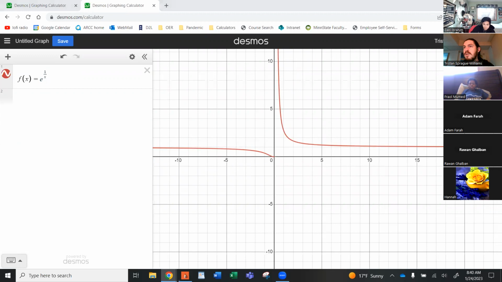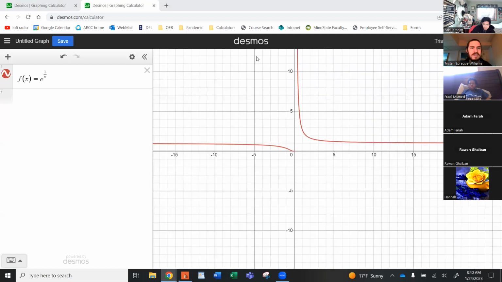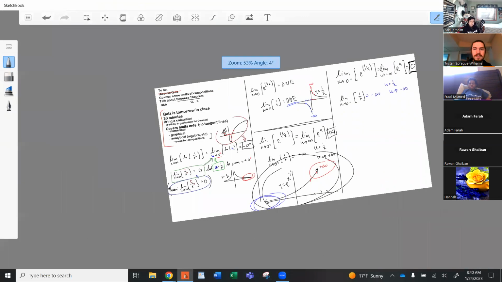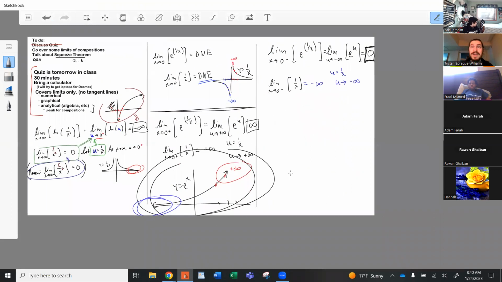There's a question, will there be something like this on the quiz tomorrow? Yeah, something like this, some sort of composition like this. Probably involving an exponential or a log function, because those are common. Folks, we're going to be doing a lot with exponential and logarithmic functions this semester. We're also going to be doing quite a lot with trigonometric functions, but not quite yet.